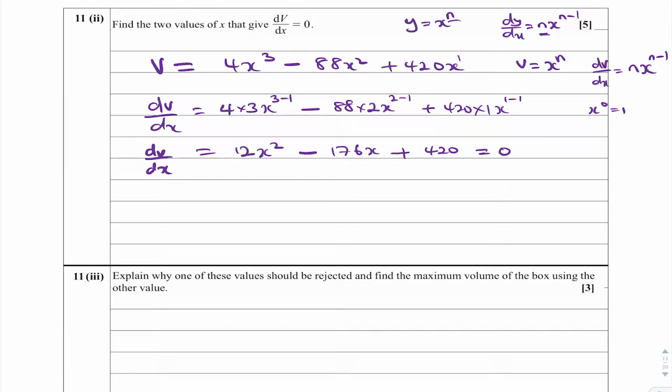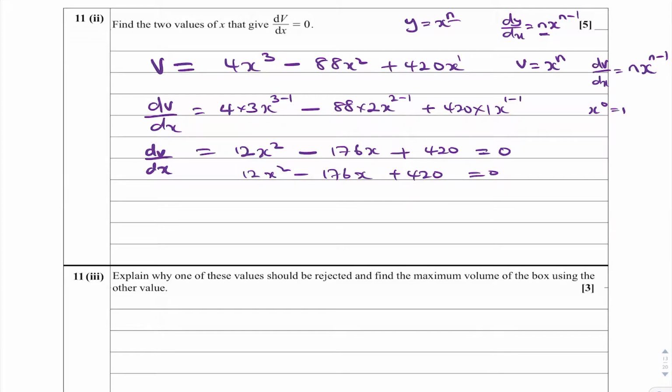So therefore, we've got 12x squared minus 176x plus 420 equal to 0. I need to divide the whole thing by 4. I can see 4 goes in there.